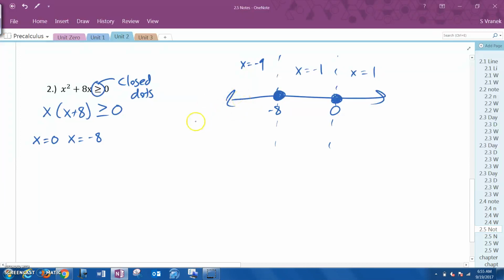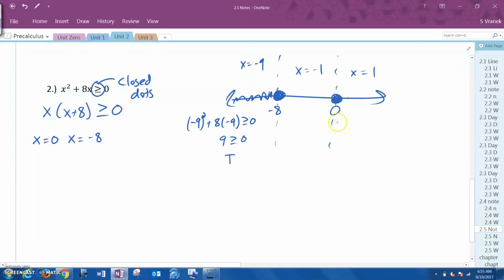Alright, so we get negative 9 squared plus 8 times negative 9, greater than or equal to 0. So that's 81 minus 72, which is 9. It's greater than or equal to 0, which is a true statement. So this is part of our solution. Chances are, if this is with a quadratic, it's either going to be the middle piece or the two outside pieces.